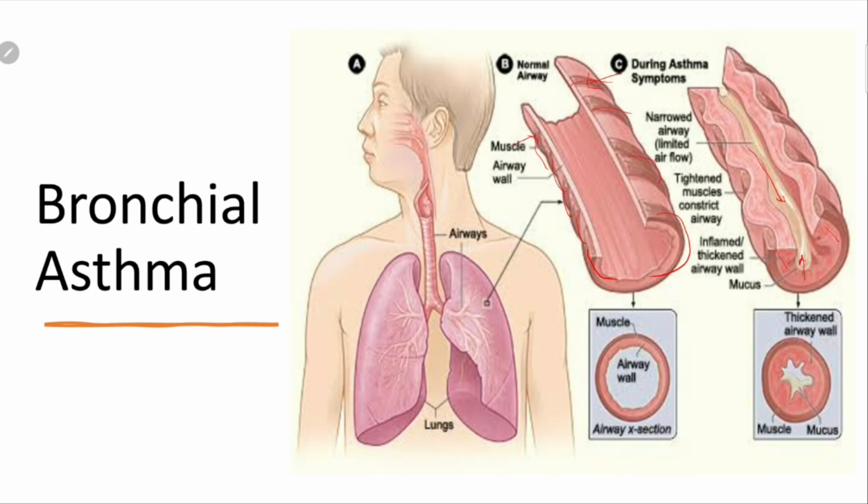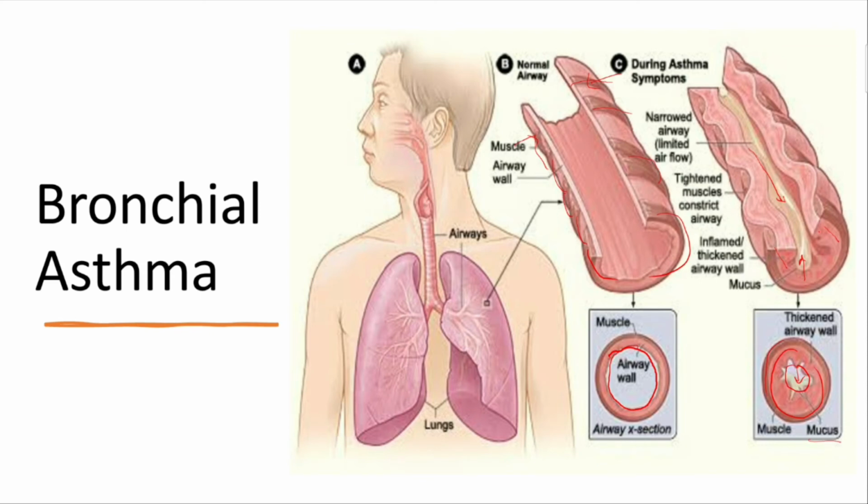If you see the cross section, this is your normal lumen, which is your airway passage, and here the lumen is narrowed and filled with mucus, and there is thickened airway wall and the muscles are contracted. As a result, the patient has great difficulty during expiration, although the inspiration is accomplished normally.